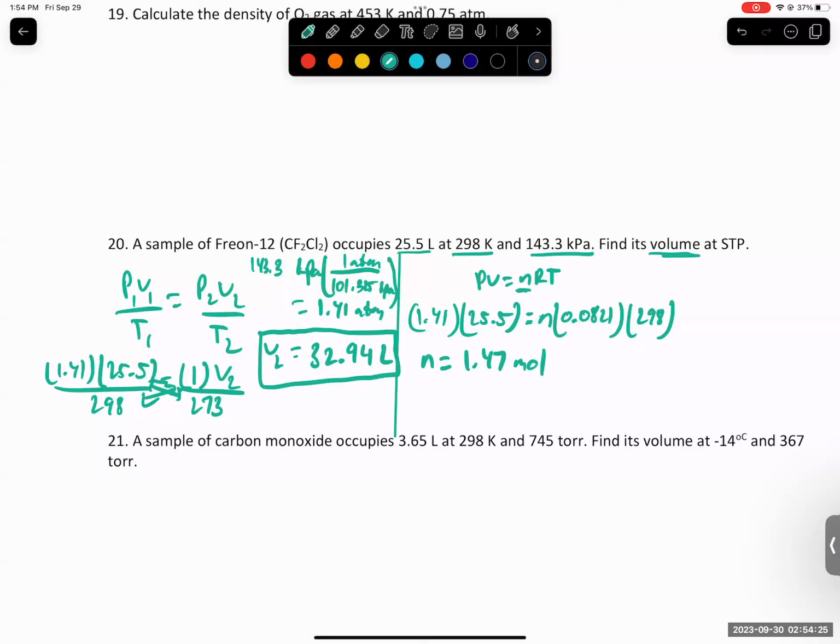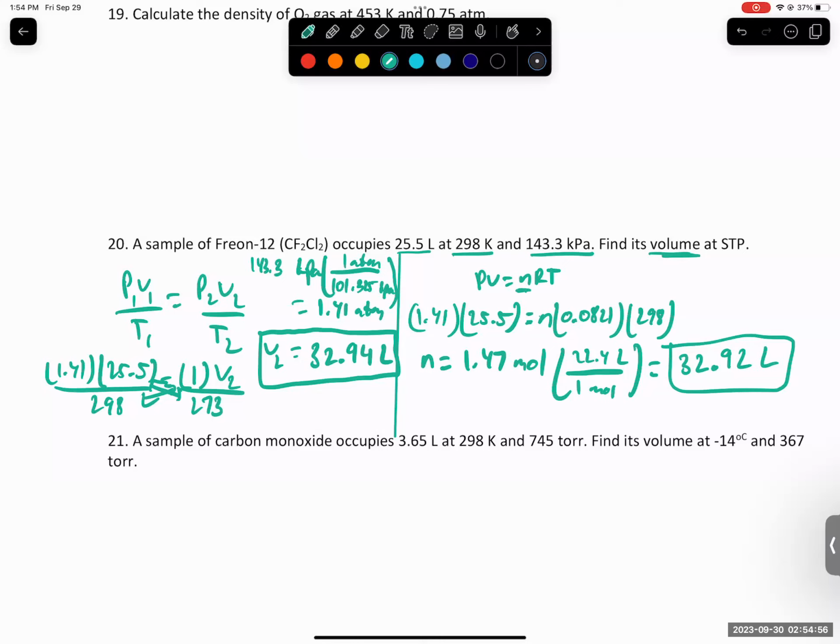How do we get from moles to liters at STP? So for every 1 mole, there is 22.4 liters. So if you multiply this times 22.4, you get liters: 32.92. Chemistry works.